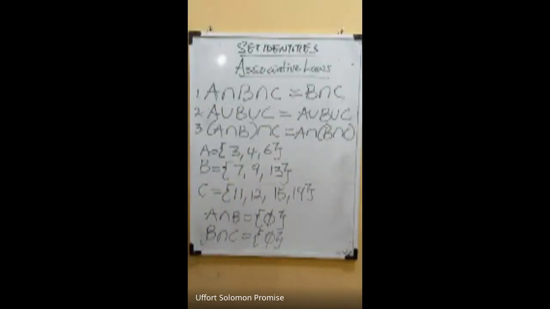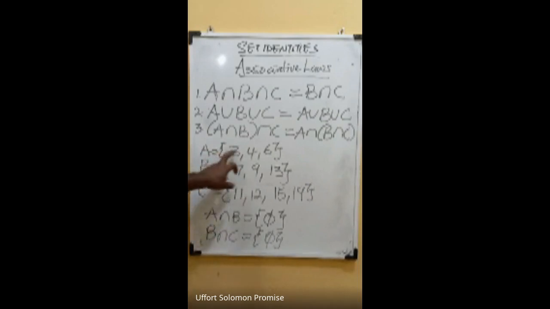So this means that A intersection B intersection C, if you look at B intersection C, is empty. So the law states that if you intersect sets that do not have common elements, set A, set B, and set C, none of them have common elements.